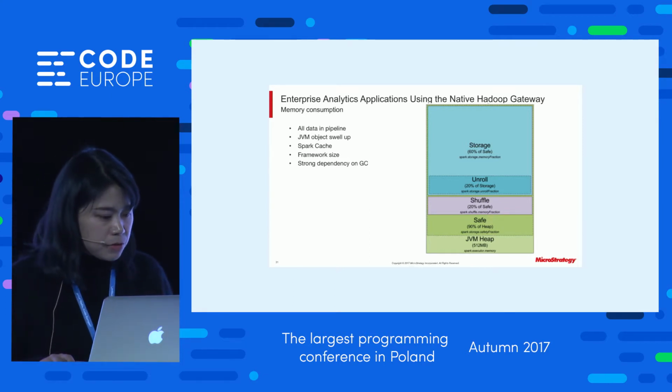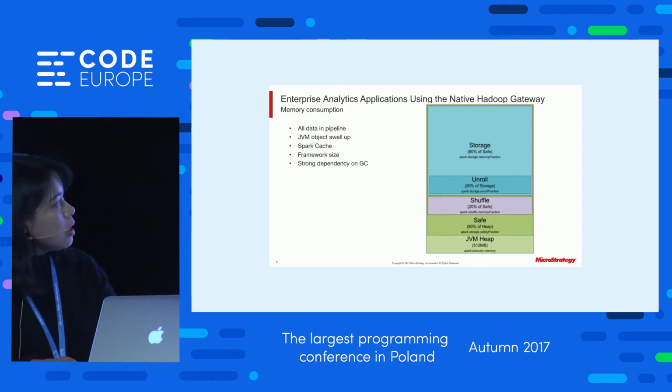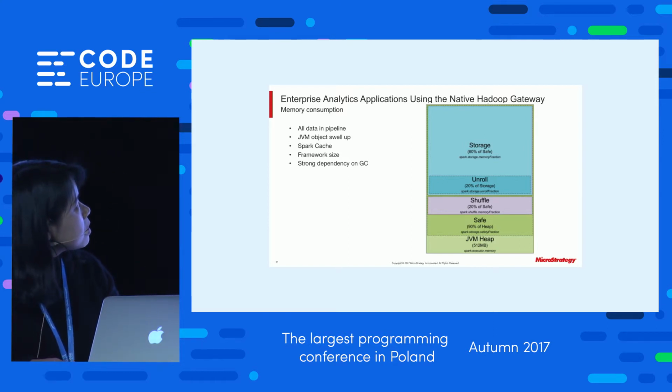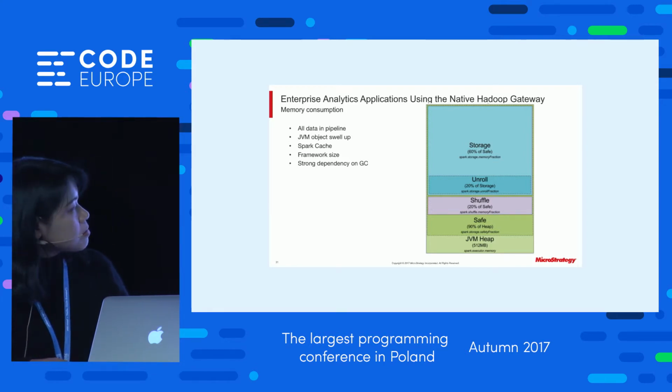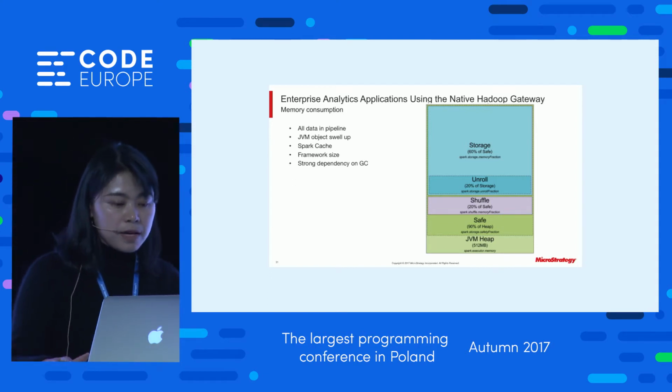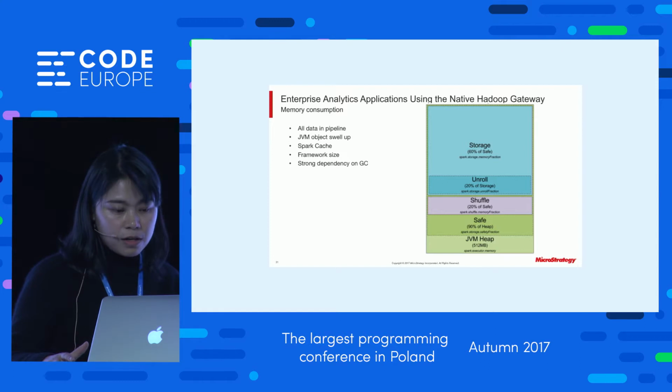After that, I'm going to talk a little about our memory issues and designs. I think if everyone is familiar with Spark, this chart should sound familiar to you, because we know that Spark loads all data into the pipeline, so the memory consumption should be large.